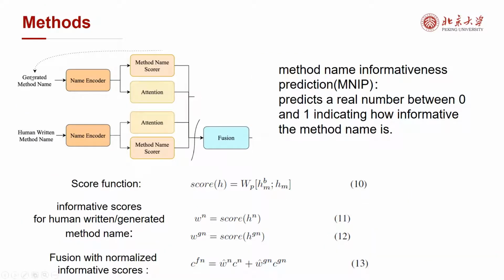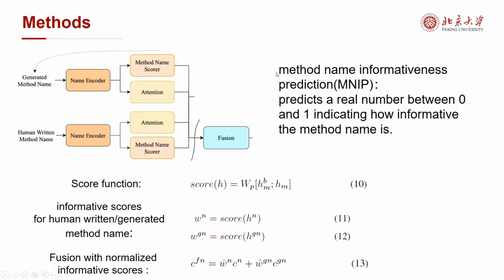So here we have the generated method name and also the human-written method name. We first use a shared name encoder with attention to get their representations.